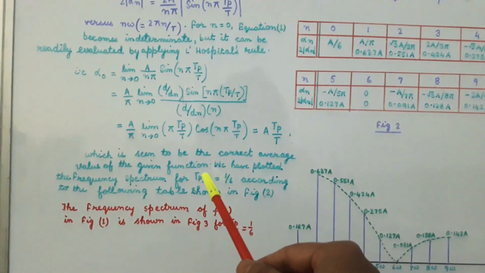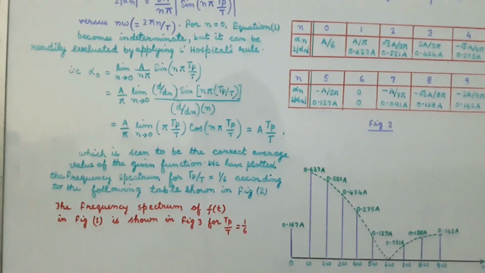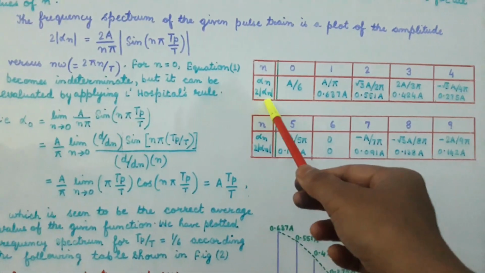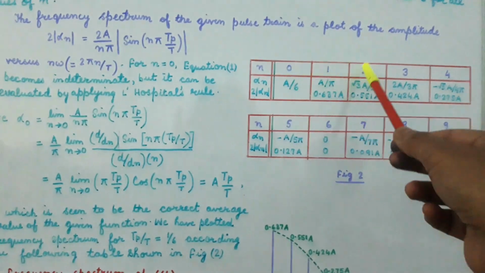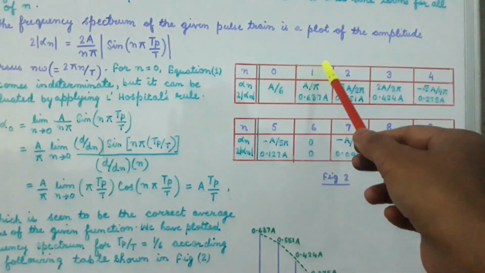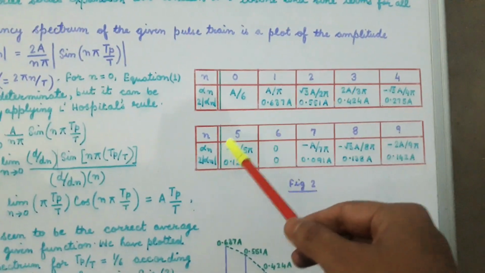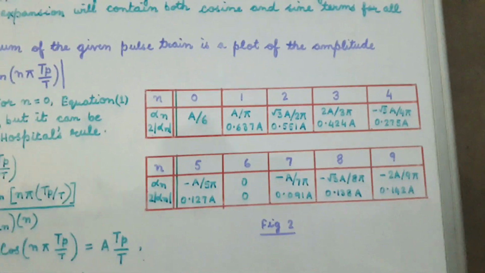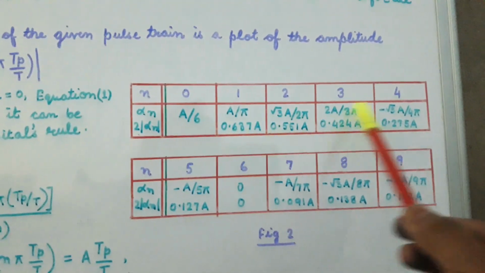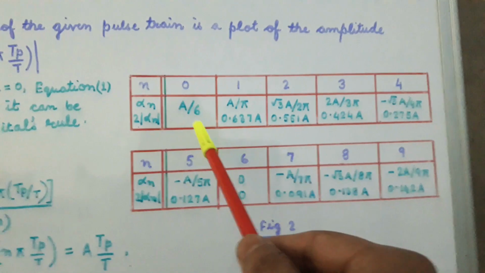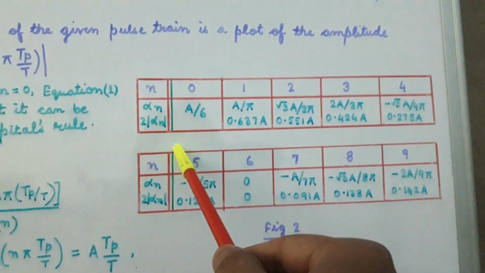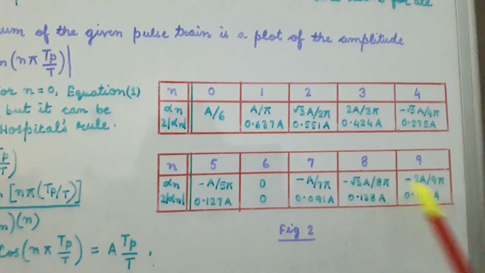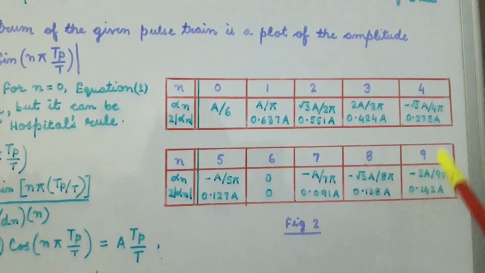By substituting T_p by T equal to 1 by 6, we have calculated the value of 2 times the magnitude of alpha n for various values of n, that is for n equal to 0, 1, 2, 3, 4, 5, 6, 7, 8 and 9, and we get the amplitude values as shown in this table.